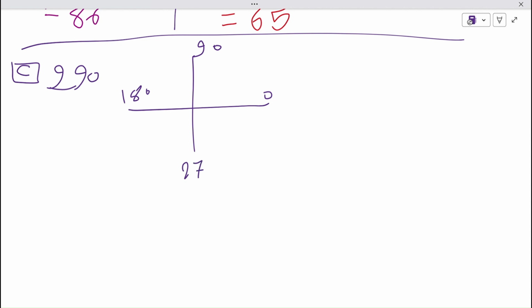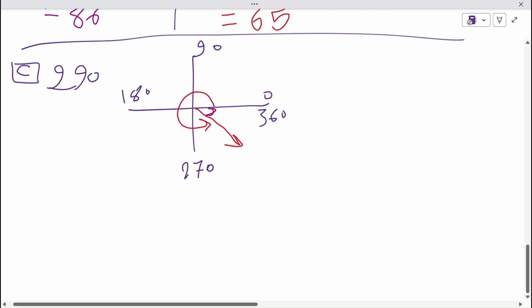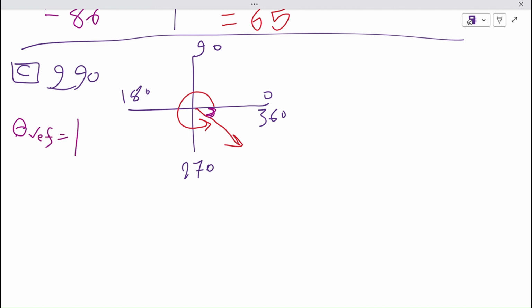Guys, where is 290? 290 is here. For finding the reference angle, it means here. This is in the fourth quadrant. In the fourth quadrant, the reference angle is equal to the absolute value of 360 minus theta. Theta is 290, so 360 minus 290 is equal to 70. So the reference angle is 70.